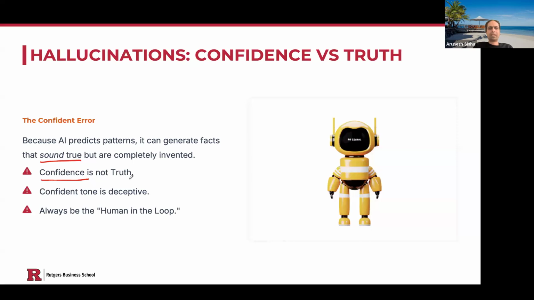The downside of sounding confident is, and this is true for human speech also, somebody saying something confidently makes it appear as if the person is speaking the truth. But in fact, it could be deceptive, meaning they are trying to make a lie into a truth by saying it confidently. So do not fall for that trap.